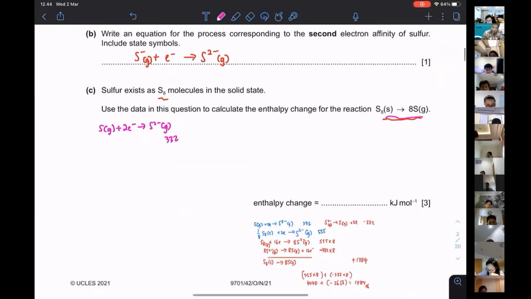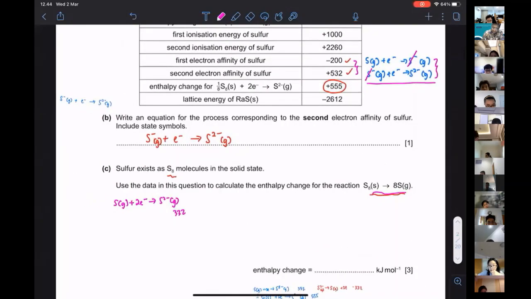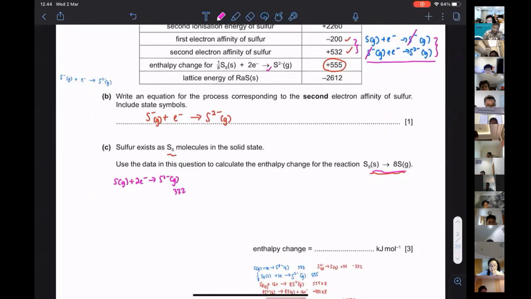So this one is going to be related to this particular equation. So I will rewrite this equation: 1 over 8 S8, solid, plus 2 electrons, they give you S2 minus gas. So this one, I will erase the 332 first.